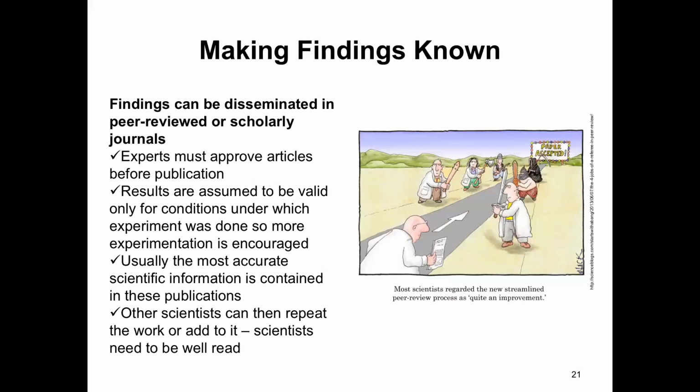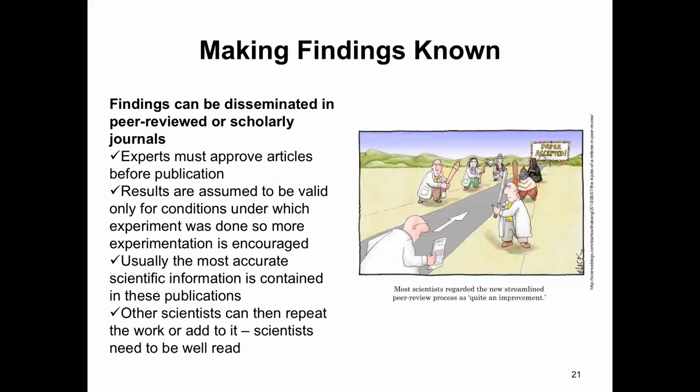Now, when these things come out in these scientific journals, all right, the results are only assumed to be valid for the conditions in which the experiment was done. And when you write a paper, you always have to suggest what else can be done. What else am I going to do next? Or what can other people do now to sort of validate my work? And scientists love other scientists to repeat their work and add to it, because it makes their whole experience more gratifying and more valid, all right?